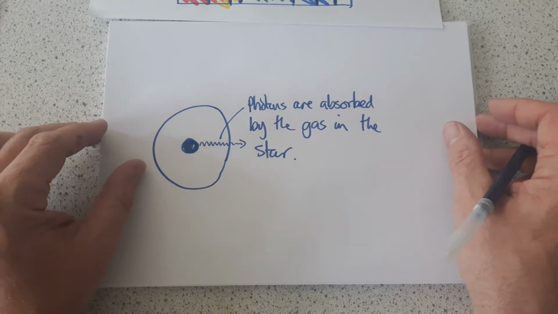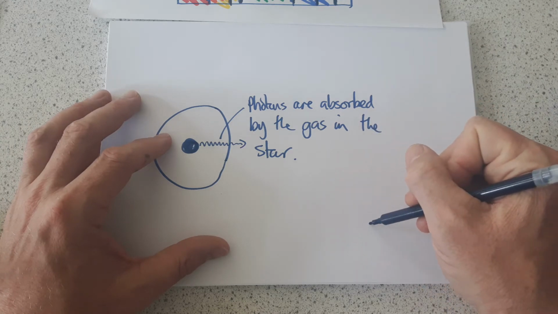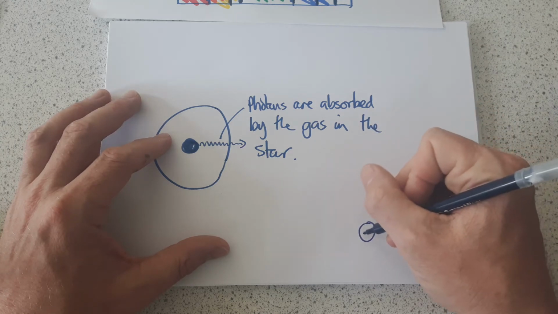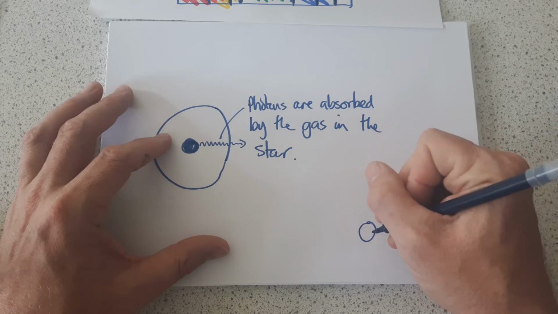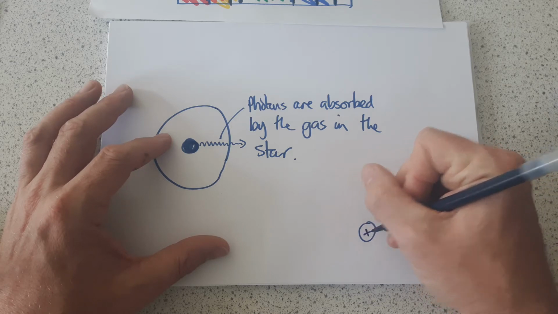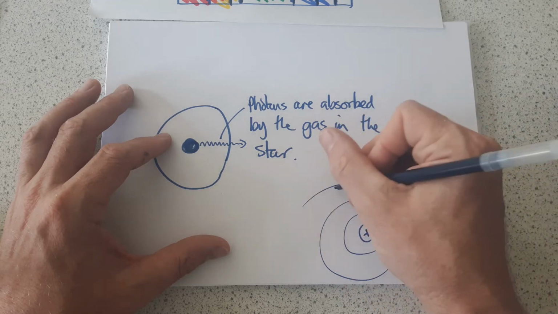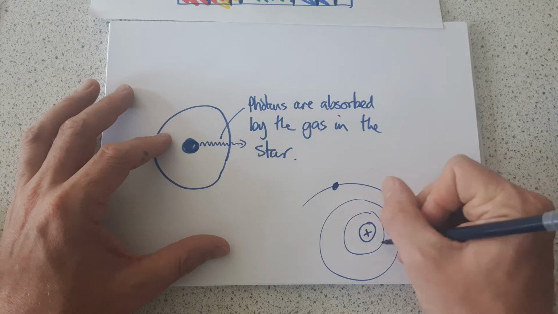Now, the reason that energy gets absorbed is because of electrons surrounding the nucleus of an atom. So if that's my nucleus there, my positive centre, and surrounding that I have my electron shells, forgive the terrible drawing.